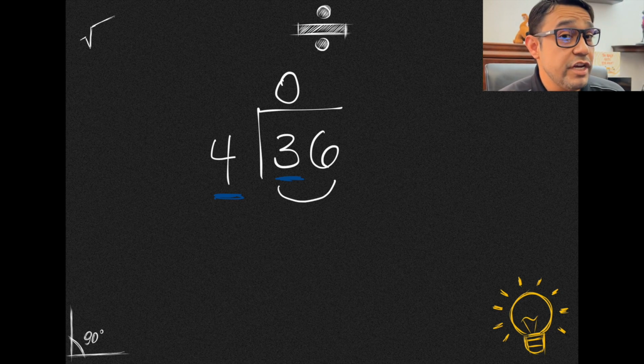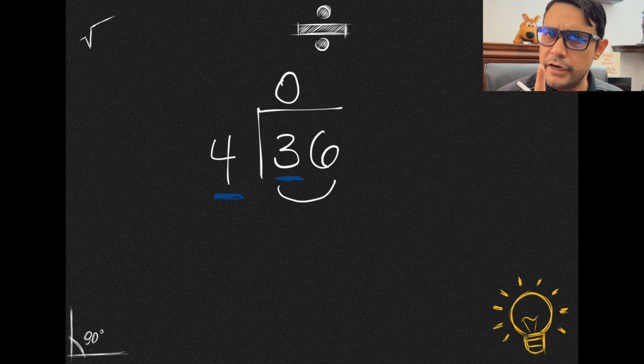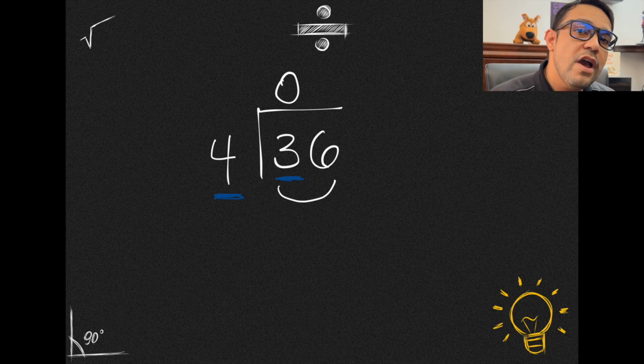36. You're not just looking at 6. Now you're looking at the whole thing. Now, I am going to draw this out. I never expect you to do this, but in case you really don't remember what division is, you have a total of 36 and you're going to take out groups of 4.